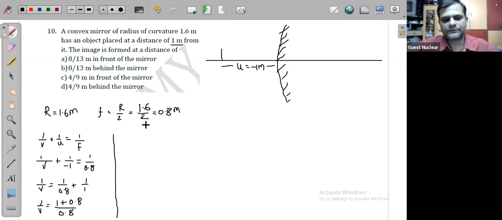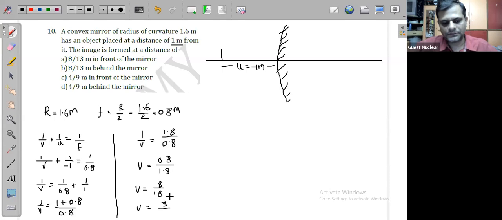So 1 upon v is equal to 1.8 upon 0.8. If we take the reciprocal on both sides, v is 0.8 upon 1.8, which can also be written as 8 upon 18. Yes, so it will be actually 9 upon, sorry, 4 upon 9. 4 upon 9 meter.